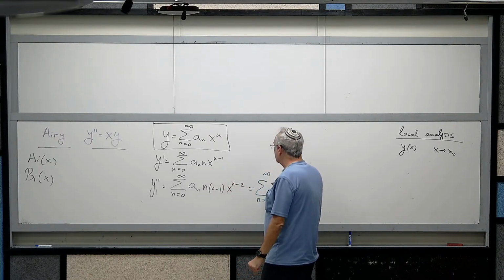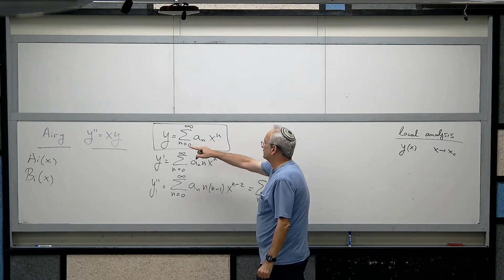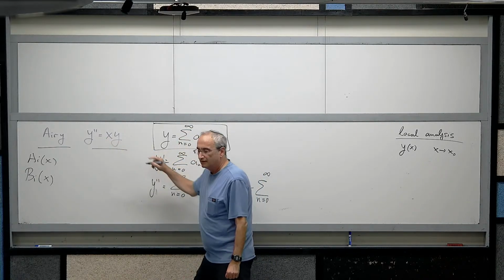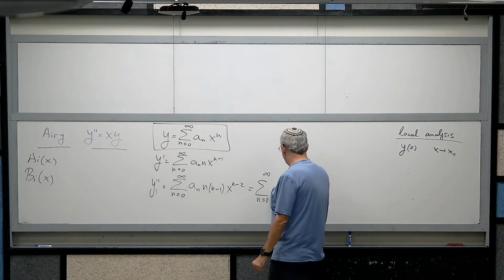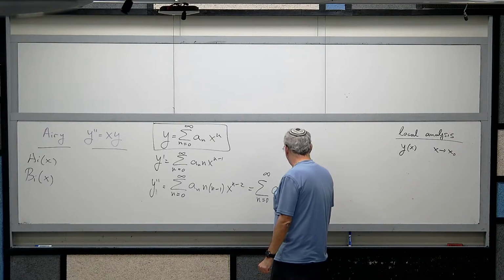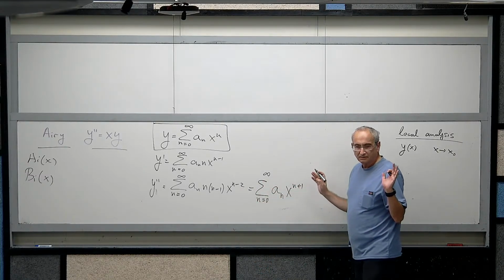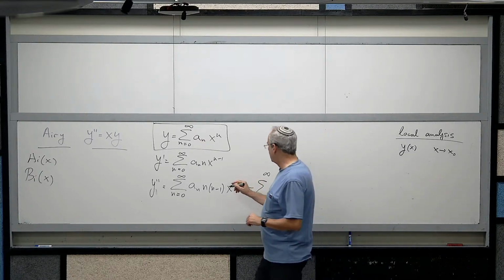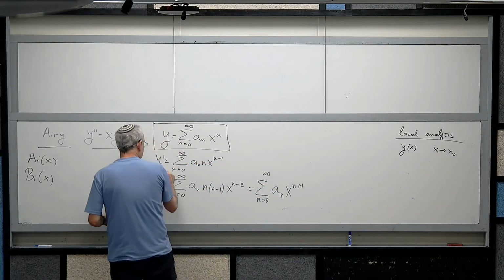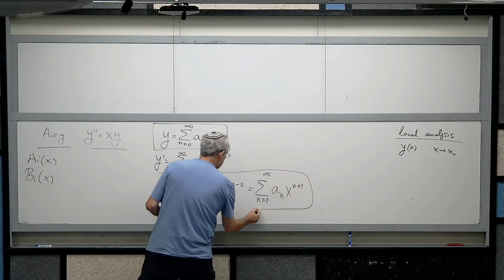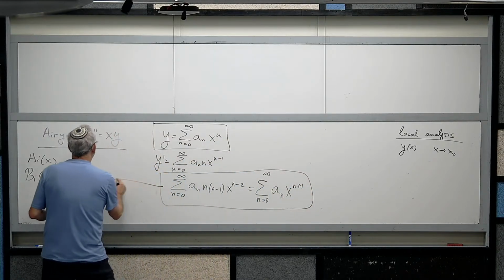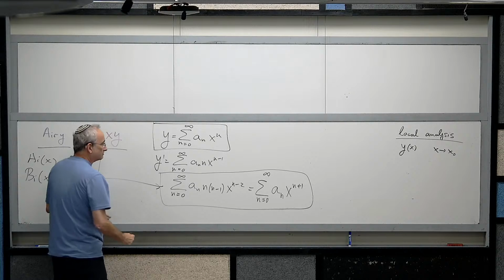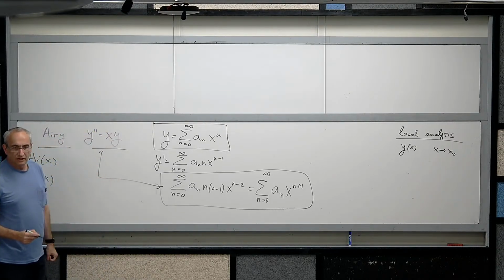And here we have this side, x times y, which is the sum from n equals 0 to infinity of a n x to the n plus 1. Right? That's it. So this equation is exactly this equation.